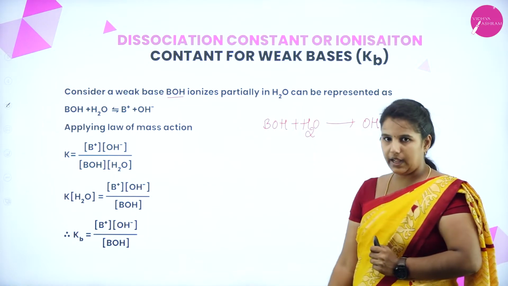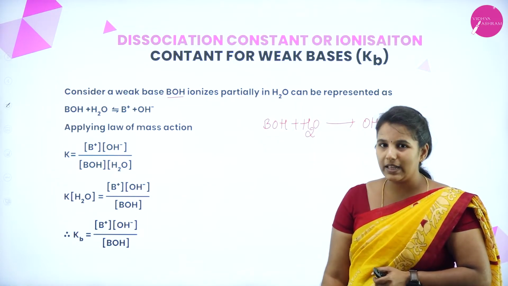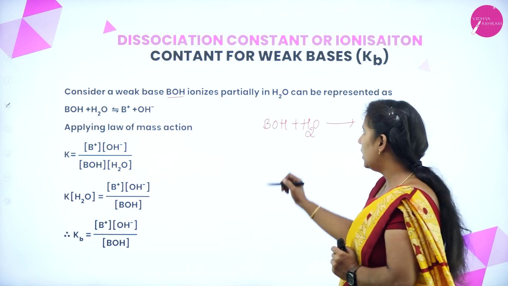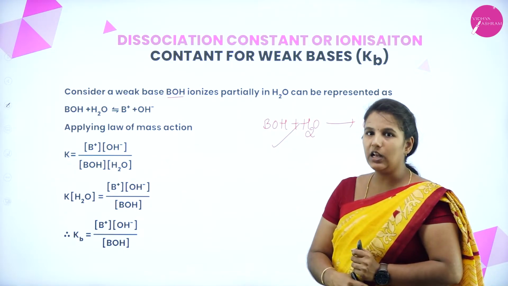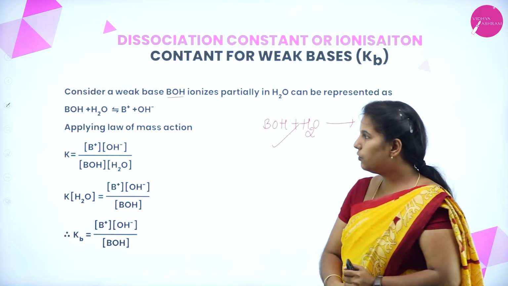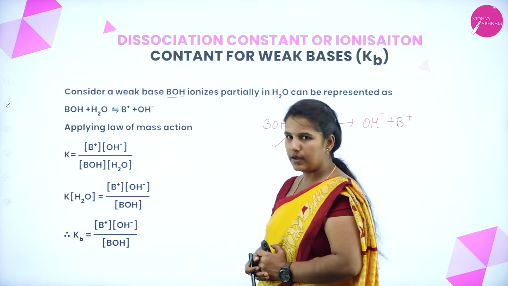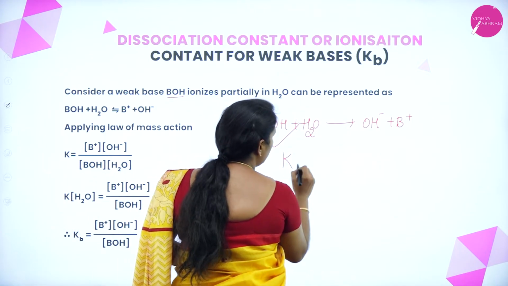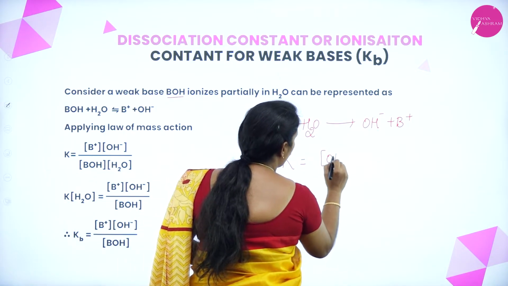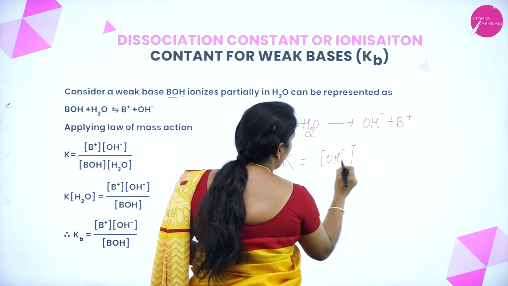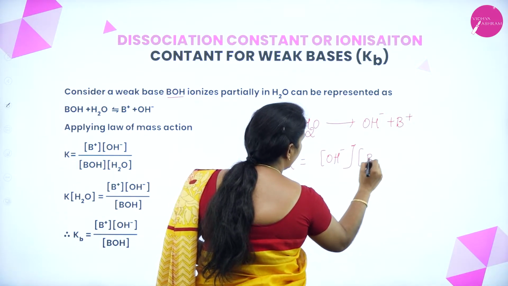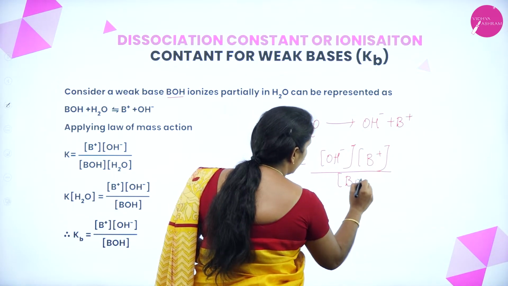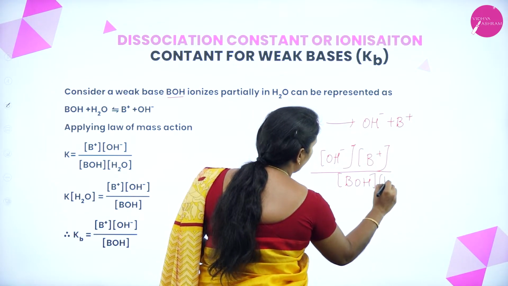So this indicates that our weak base undergoes partial ionization. Now for this equation, I will apply the law of mass action. So K is equal to the molar concentration of the products, that is the hydroxyl ion into B plus, divided by the molar concentration of BOH into water.